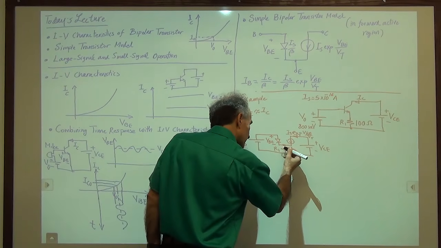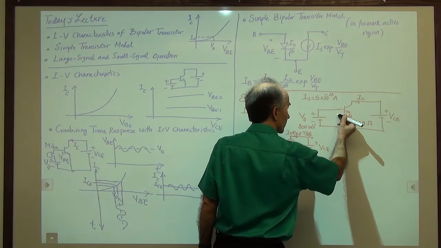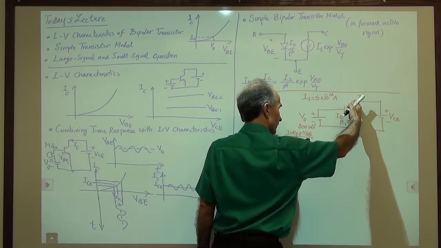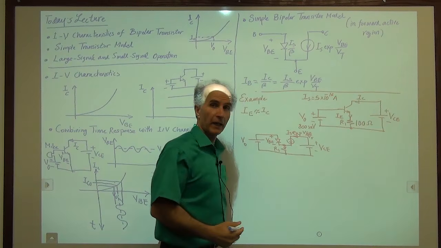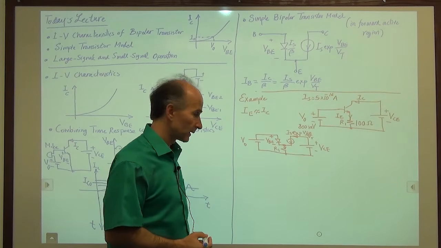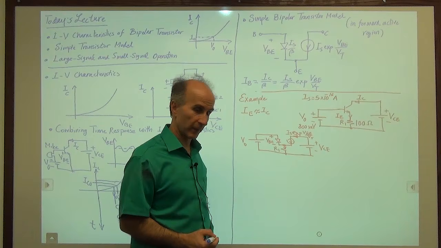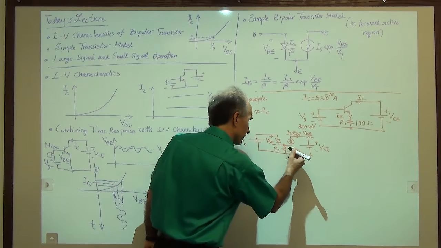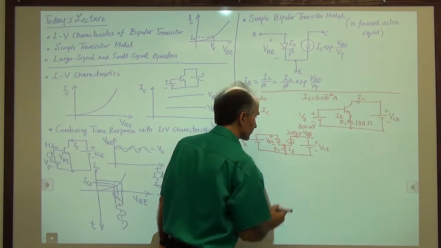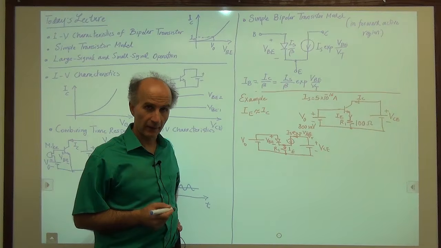So this current, which we call IE, is approximately the same as the collector current. The collector current comes down, and we don't get much contribution from the holes coming from the base. So that current is IE, which is equal to IC, approximately.